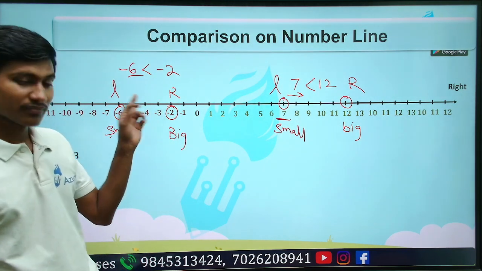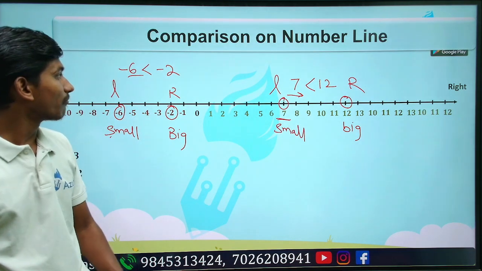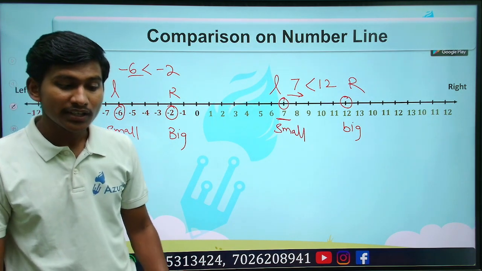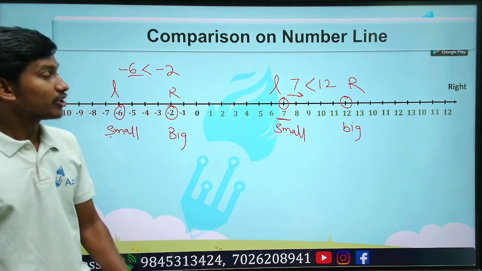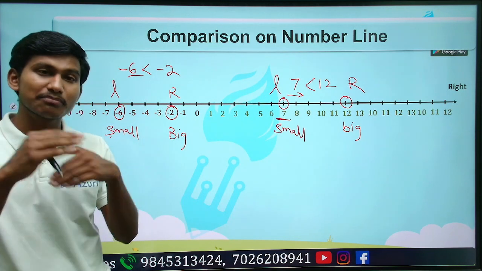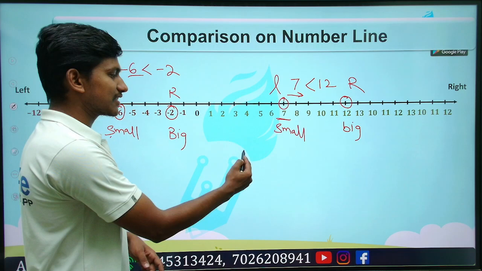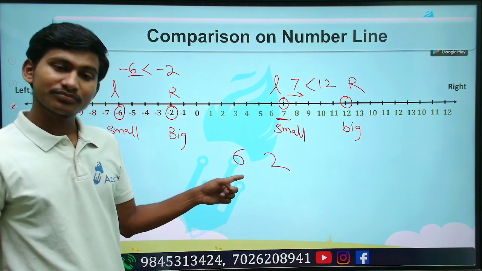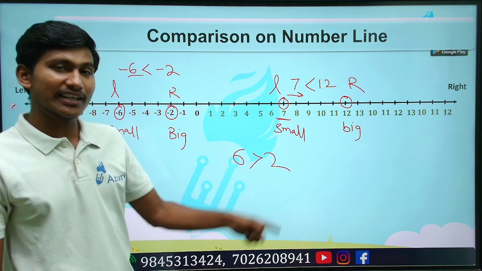Any doubt here? So in the minus it will be reverse. Minus 6 is smaller than minus 2, that is, minus 2 is bigger than minus 6. But if you take the normal numbers, 6 and 2, which is bigger? 6 is bigger than 2, that is, 6 is greater than 2.